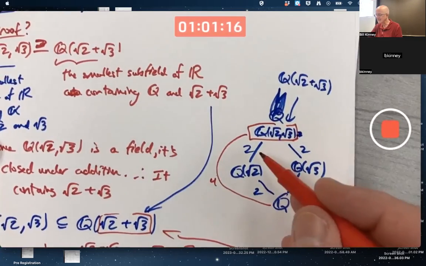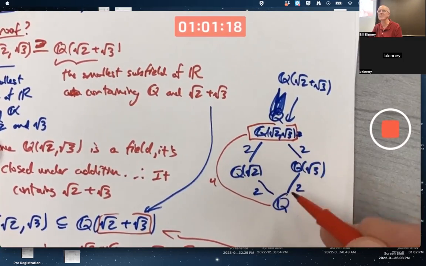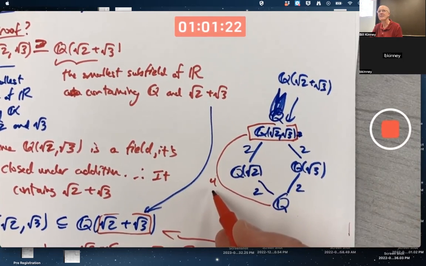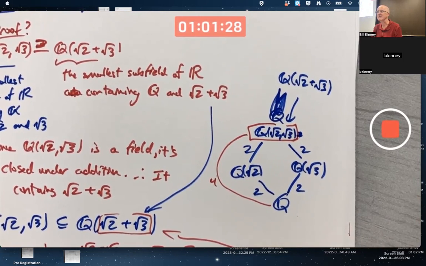It's not a coincidence that when you multiply the numbers along each path through the lattice, you get the entire final dimension. 2 times 2 is 4. It's a fundamental theorem in chapter 20 or 21, one of those 2 chapters, in the newer edition of the book.